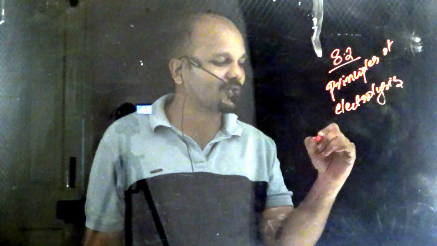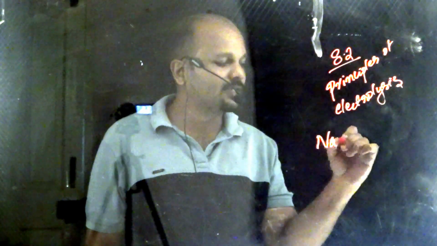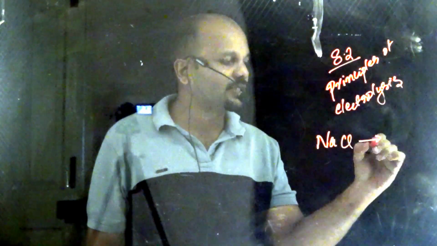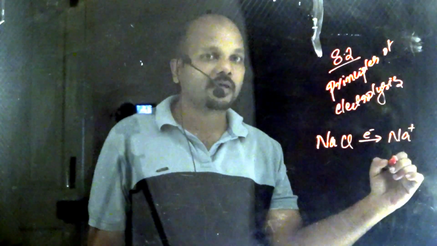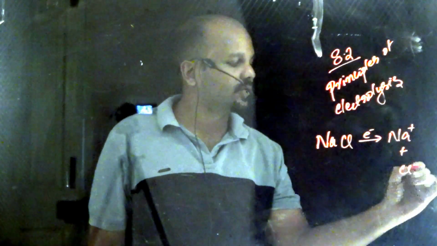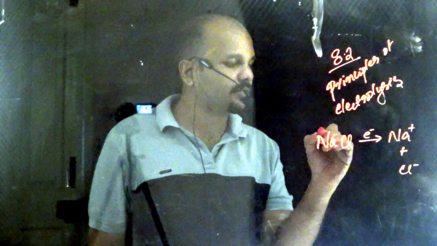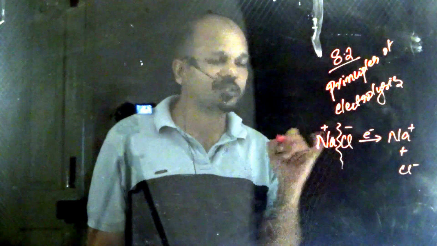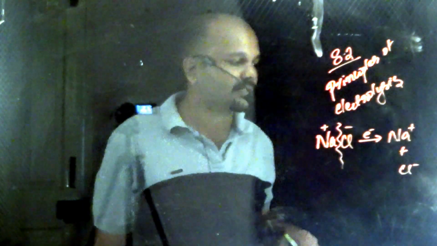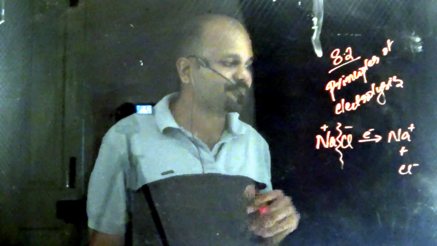For instance, sodium chloride, NaCl. When you pass electricity, this is broken into Na plus and Cl minus. The force of attraction between Na plus and Cl minus is broken. This is electrolysis.